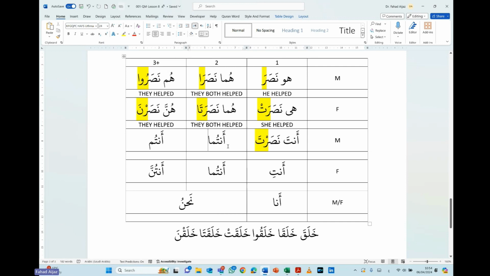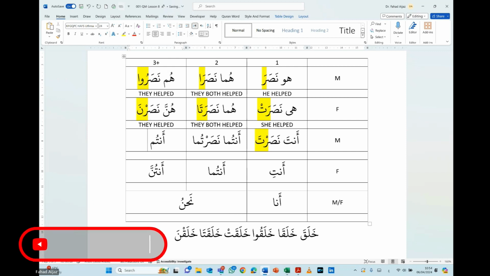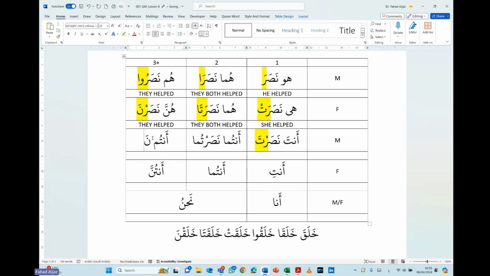So Hansa, what do you think antuma would become? نصرتما, nasartuma. Very good. Noor, what would antum become? نصرتم, nasartum.